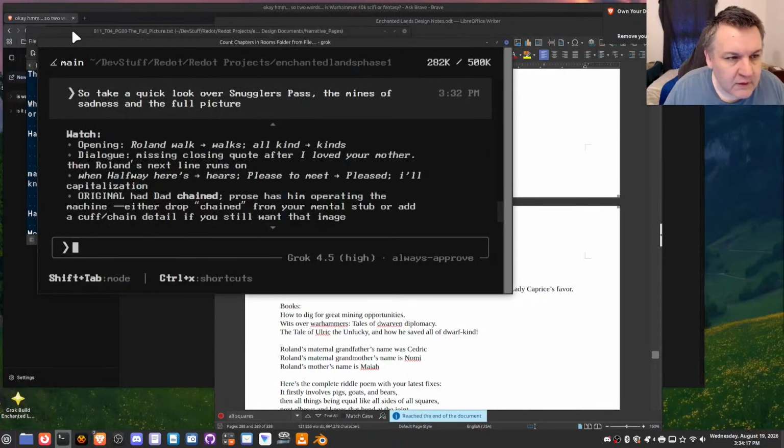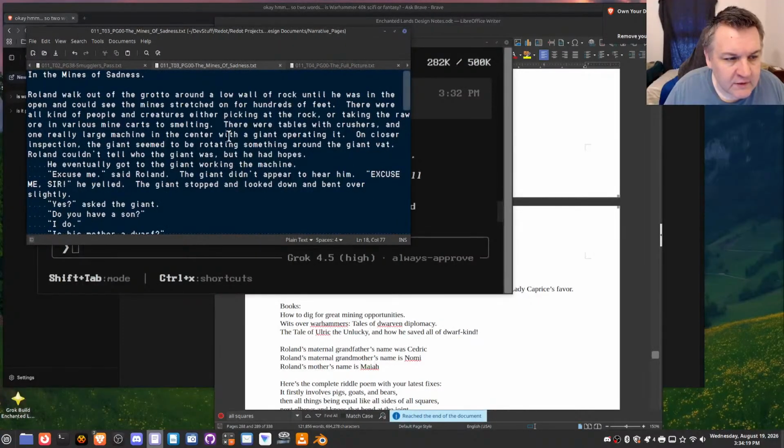Okay, let's go to the Mines of Sadness. Out of the grotto around the wall of rock, so he was in the open and could see the mine.